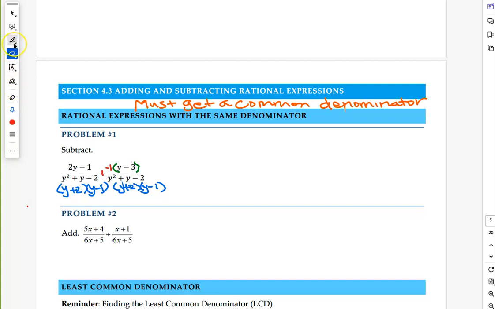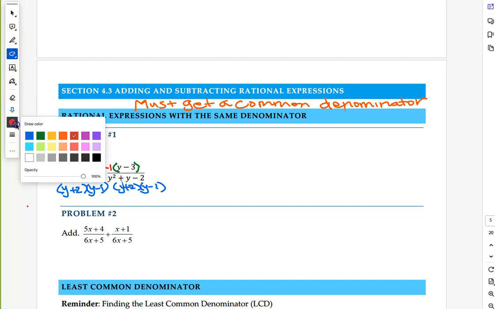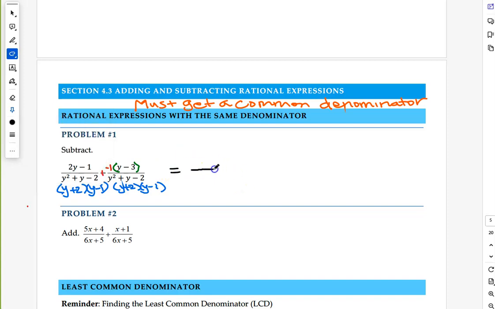Okay, so let's look at this. On the top, we're going to have 2y minus 1. Then remember, we're going to distribute that -1, so I'm going to have -y plus 3.